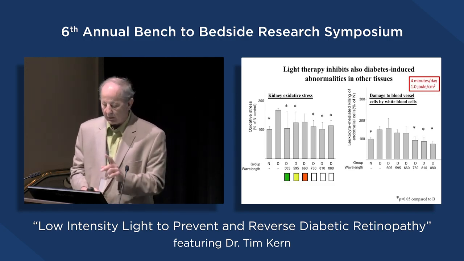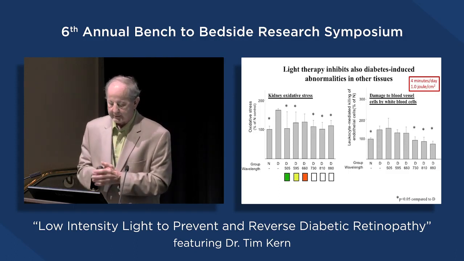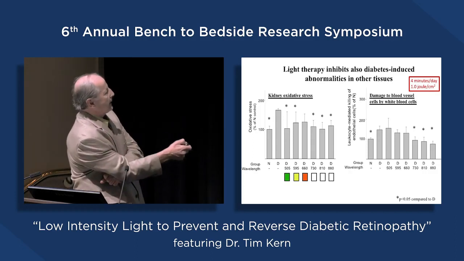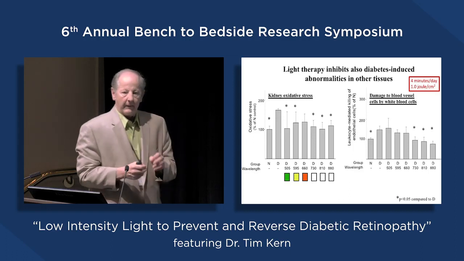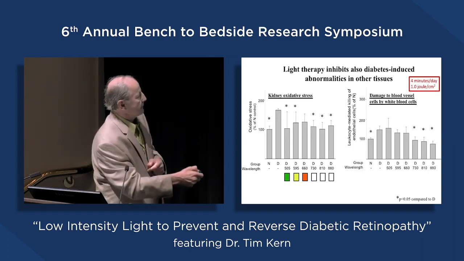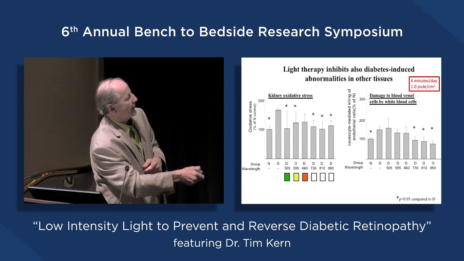Every one of the wavelengths is given at an intensity of 1 joule per square centimeter at the surface of the eye. And basically, it's not just the red wavelength, it's many of the different wavelengths, but the beneficial effect of the light seems to vary between one parameter and another.